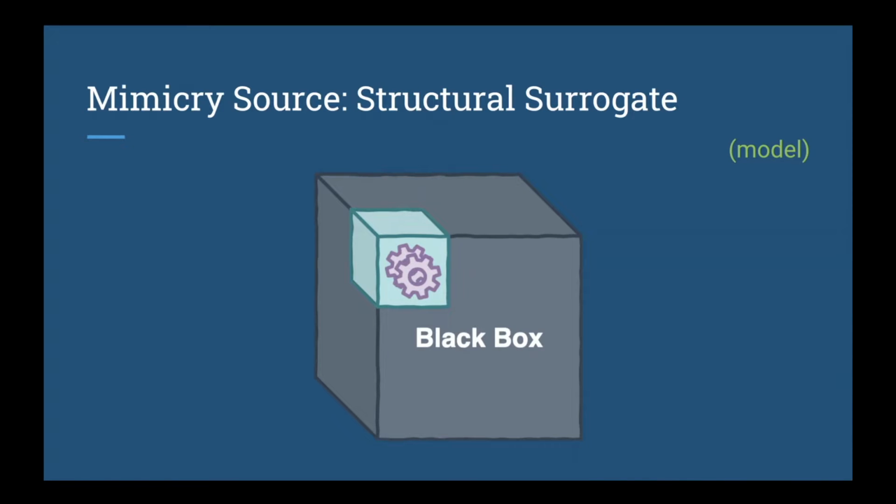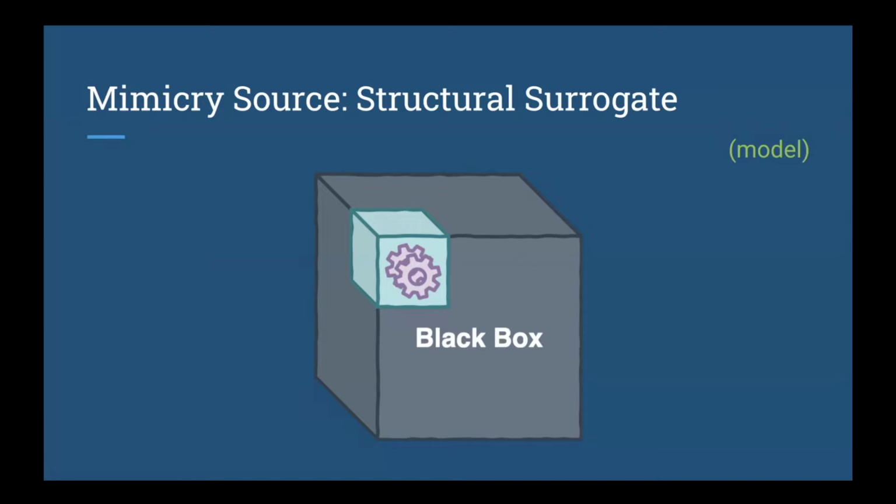Then we can also have two different types of surrogate in terms of what sort of information we use to construct them. We can have a structural surrogate, in which case we are building a surrogate based on the structure, on the mechanics of the underlying black box.